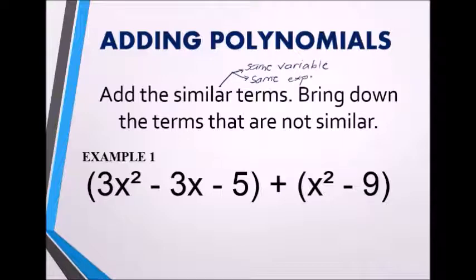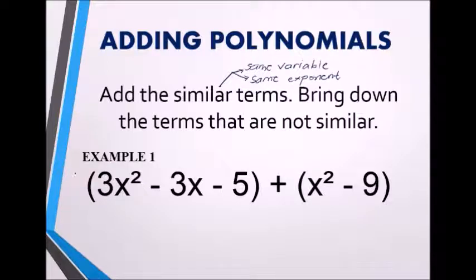Hindi pwede na yung isa ay mayroong exponent na 2, yung isa ay walang exponent na 2. Halimbawa, yung isa ay may exponent na 3, dapat yung kapartner niya may exponent din na 3. Again, ang similar terms can be determined by looking at the variable and its exponent. Kung wala siyang kaparehas na term, just bring it down.